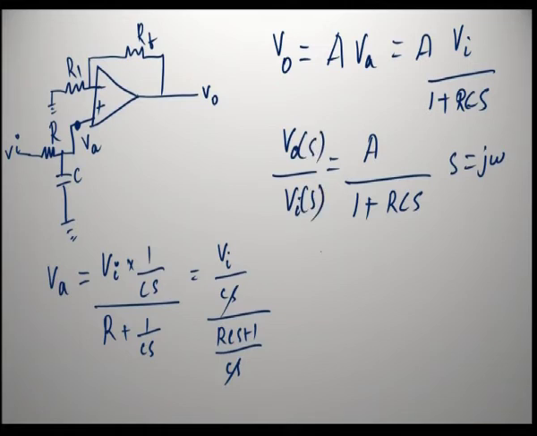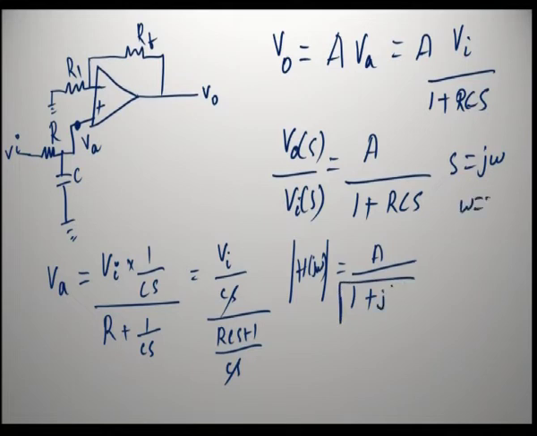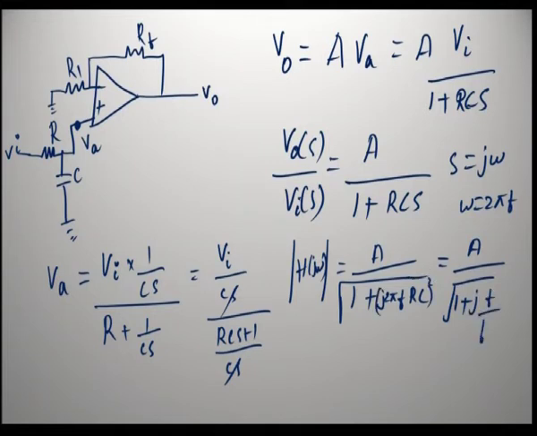So, if you put s is equal to j omega, and take the mod value of this transfer function, say H of j omega, you will be getting 1 by root of 1 plus, instead of omega if you put 2 pi f, j 2 pi f RC, and that is the whole square, j into f by f h the whole square.